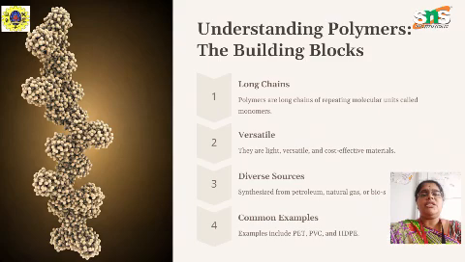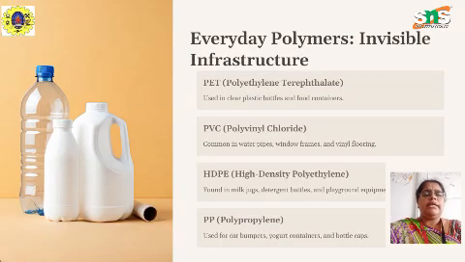There are different types of polymers that are synthesized by various methods. Common examples of polymers are polyethylene terephthalate, polyvinyl chloride, and HDPE. Polyethylene terephthalate is used in clear plastic bottles and food containers.